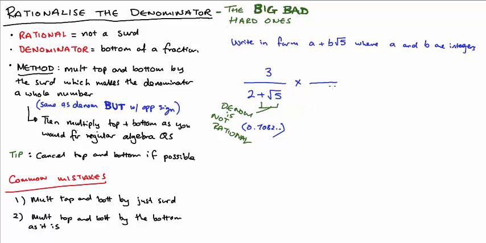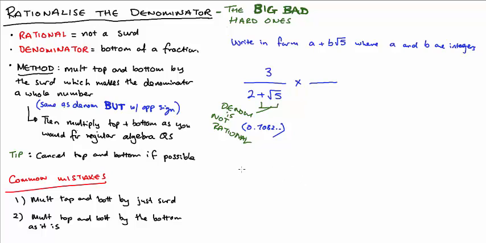So the question is really, look, what can we multiply 2 plus root 5 by, so that over here we get a number? It pops out to 14, 20, we don't really care what the number is, but it's a number, there's no thirds left. So let me first go through some of the mistakes people make.